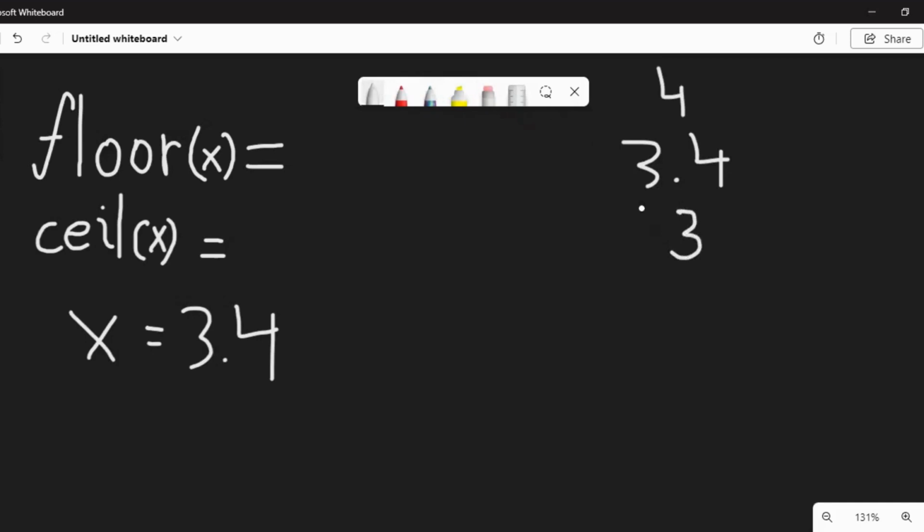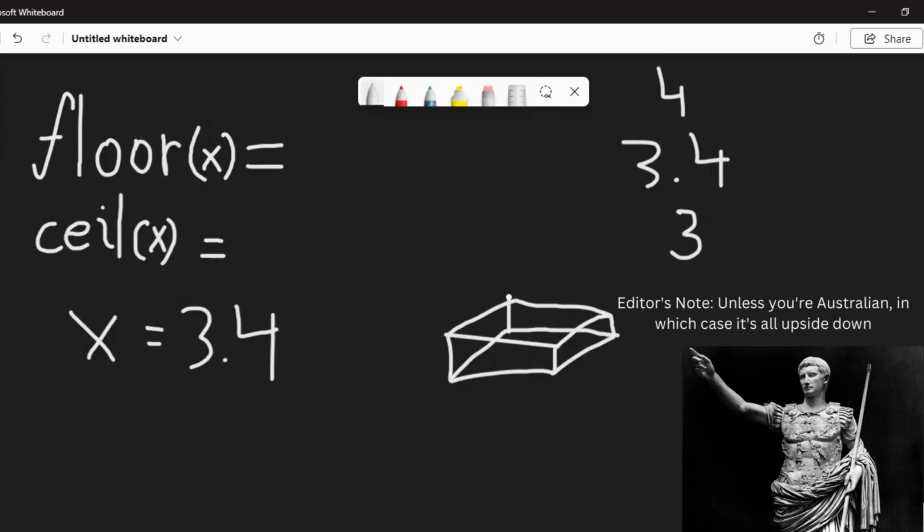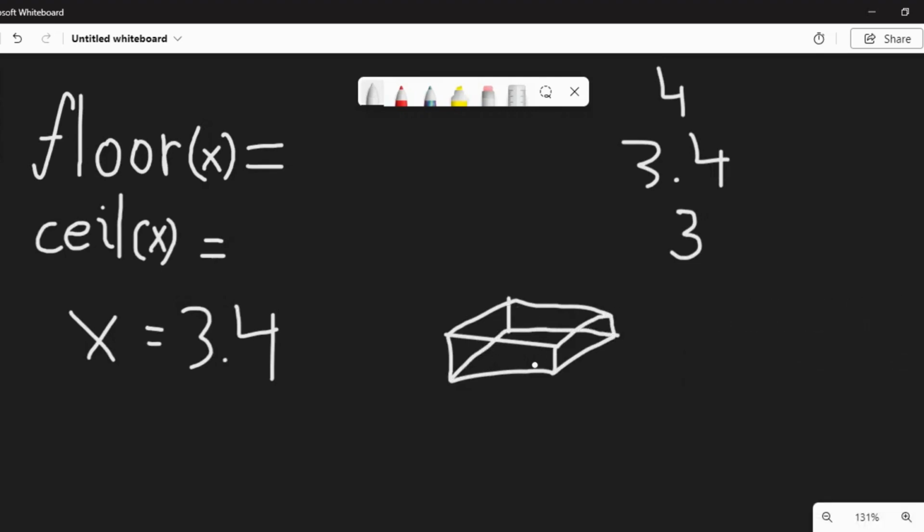As you know, a room has a floor and a ceiling. That's basic information. In a room, the floor is always at the bottom and the ceiling at the top. So here's the ceiling and here's the floor. We have a similar representation here, where 3 is at the bottom.